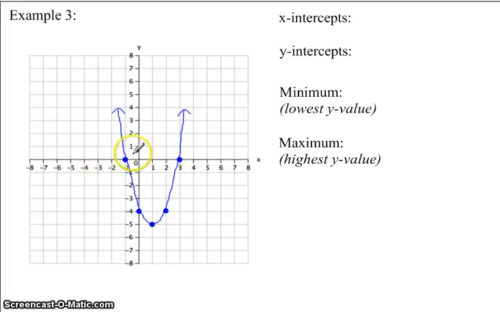Well, it actually crosses the x-axis in 2 spots. Crosses here at -1 and at 3. So it's okay that it has 2. We just list them both. So it crosses at -1 and +3. For y-intercepts, it only crosses once right here at -4.